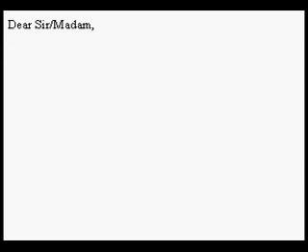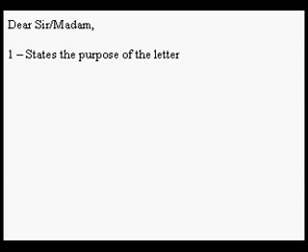And now in a letter, we basically have 3 sections that we want to complete. And each section is 1 paragraph long. So the first section states the purpose of the letter.